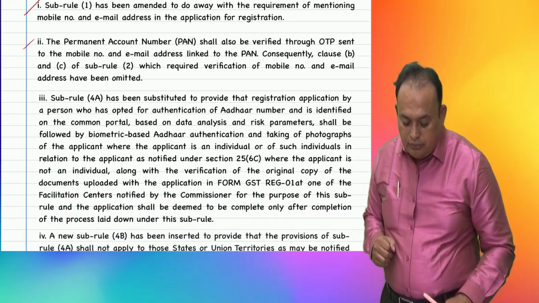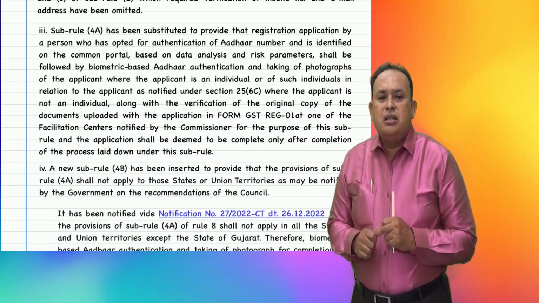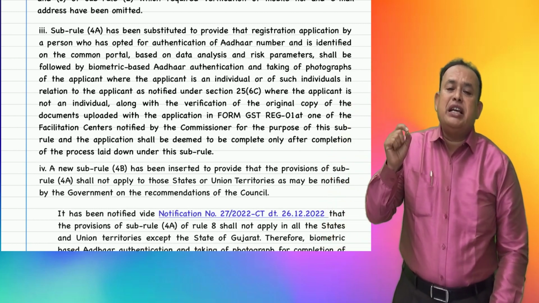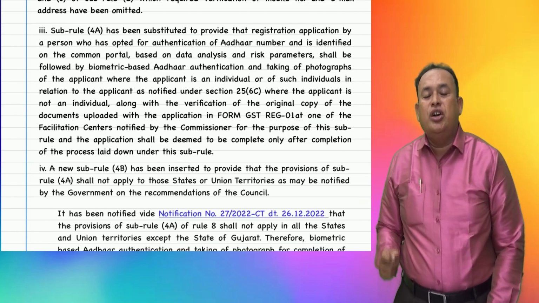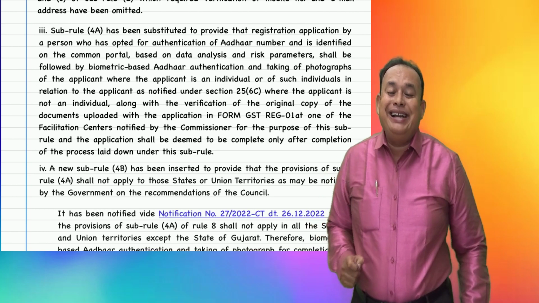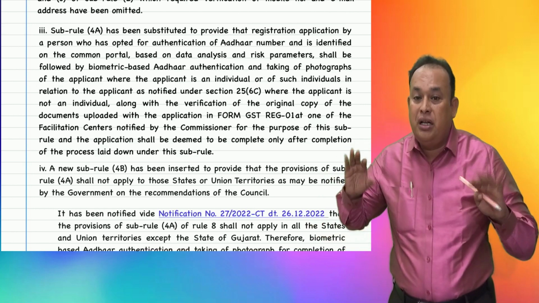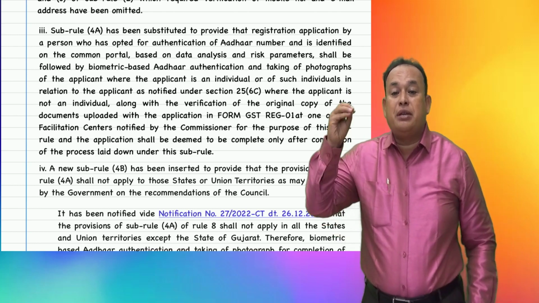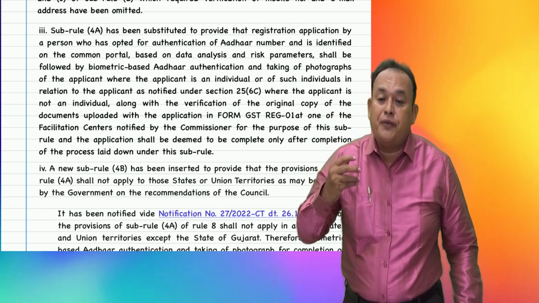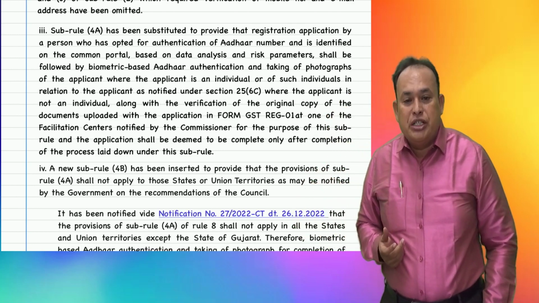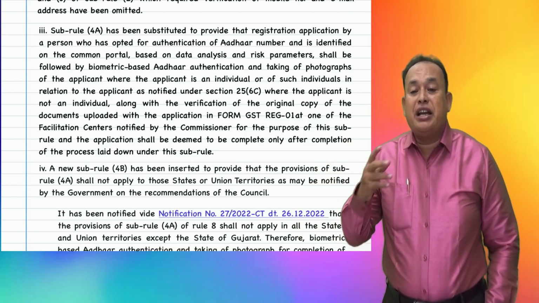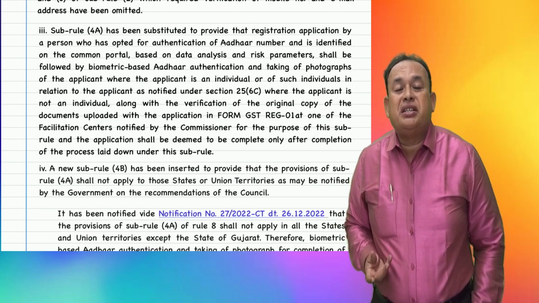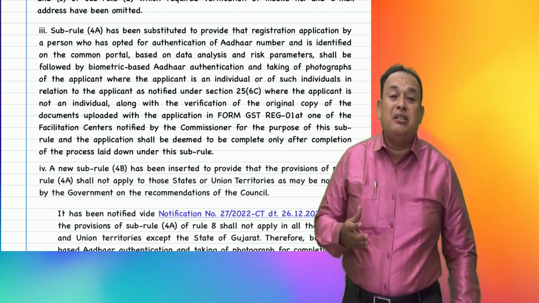Further, rule number 8 sub-rule number 4A has been substituted to provide that a registration application by a person who has opted for authentication of Aadhaar number and is identified on the common portal based on data analysis and risk parameters shall be followed by biometric-based Aadhaar authentication and taking of photographs of the applicant where the applicant is an individual, or of such individual in relation to the applicant as notified under section 25 sub-section 6C, where the applicant is not an individual.